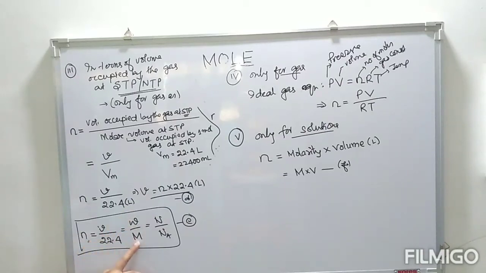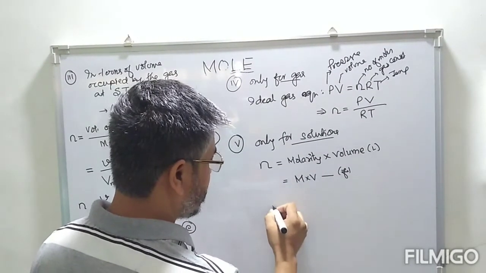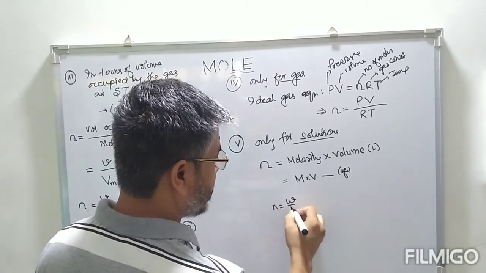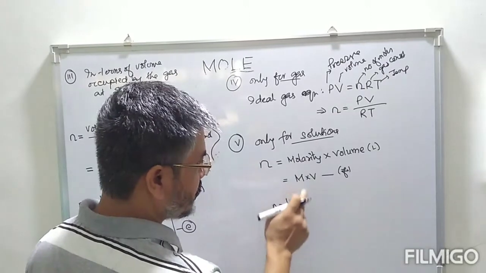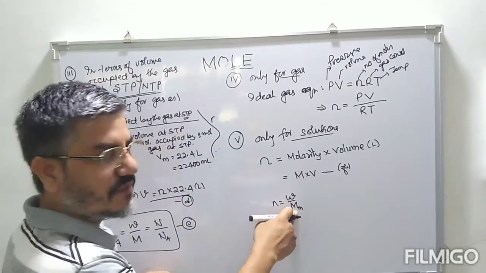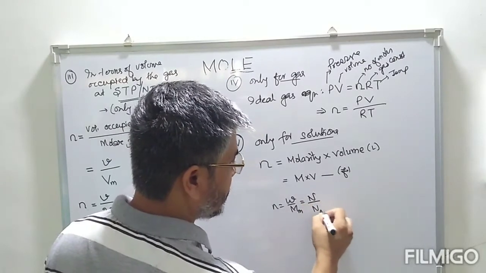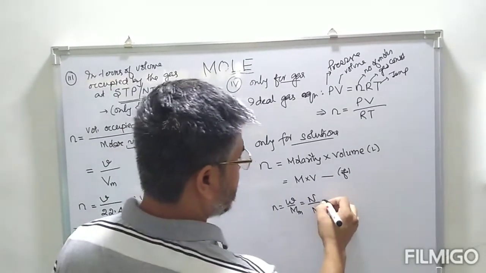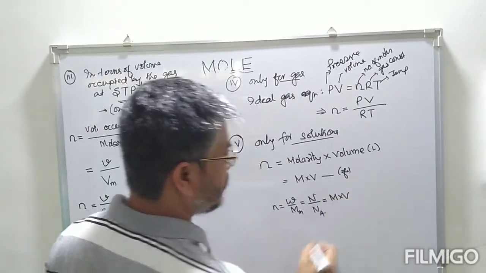If mass is given, we have this ratio. If number of particles is given, we have this ratio. So number of moles is equal to mass divided by molecular mass. To differentiate between these two Ms, we represent this by mm, molecular mass. This is equal to number of particles divided by Avogadro number. So this is equal to molarity into volume.